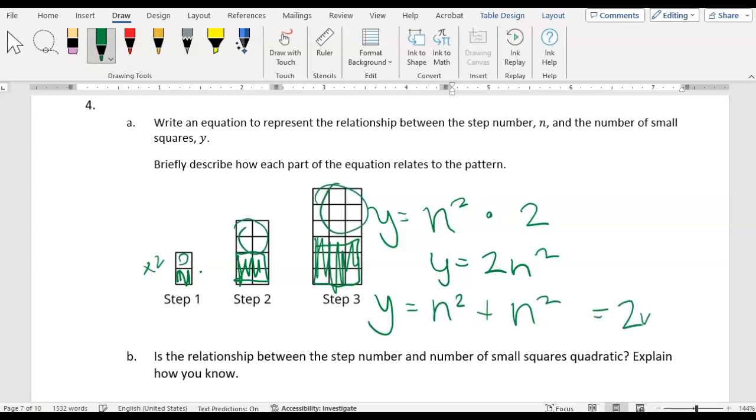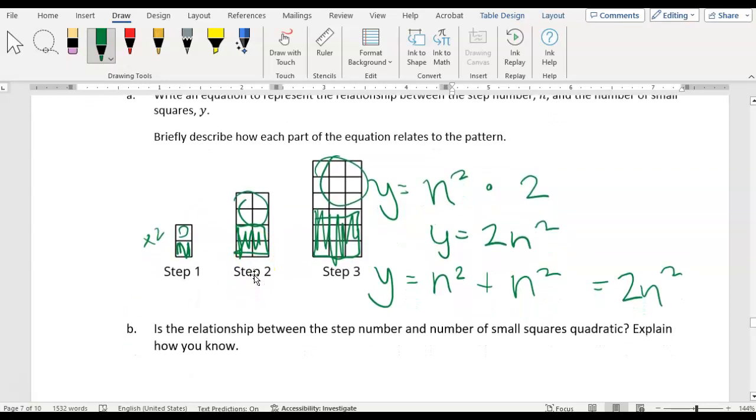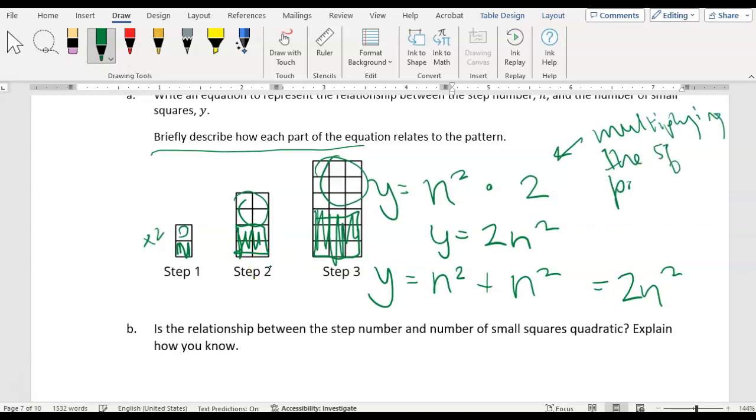That will still give you 2n squared. They're equivalent. And so you can show me through your drawings how this relates to the pattern, or you can say that the 2 is multiplying the square pattern.